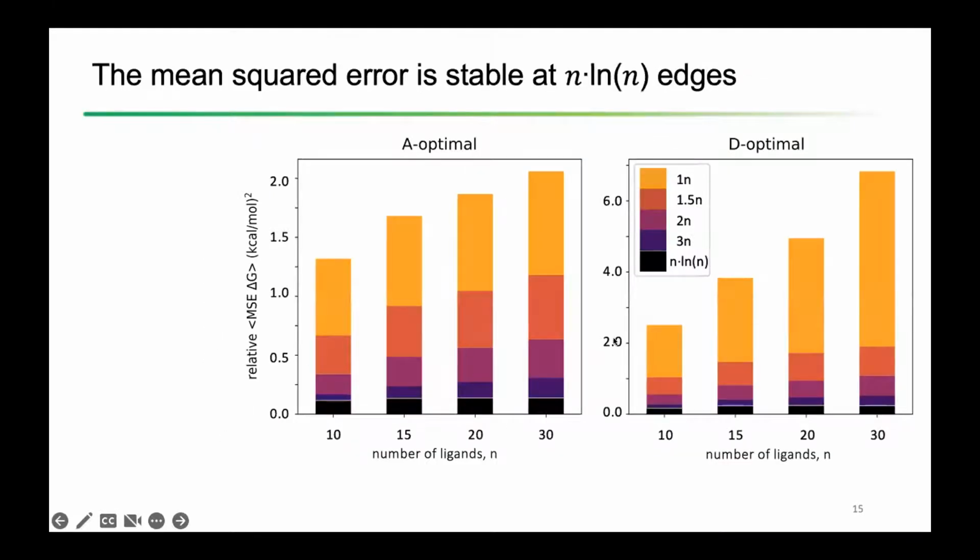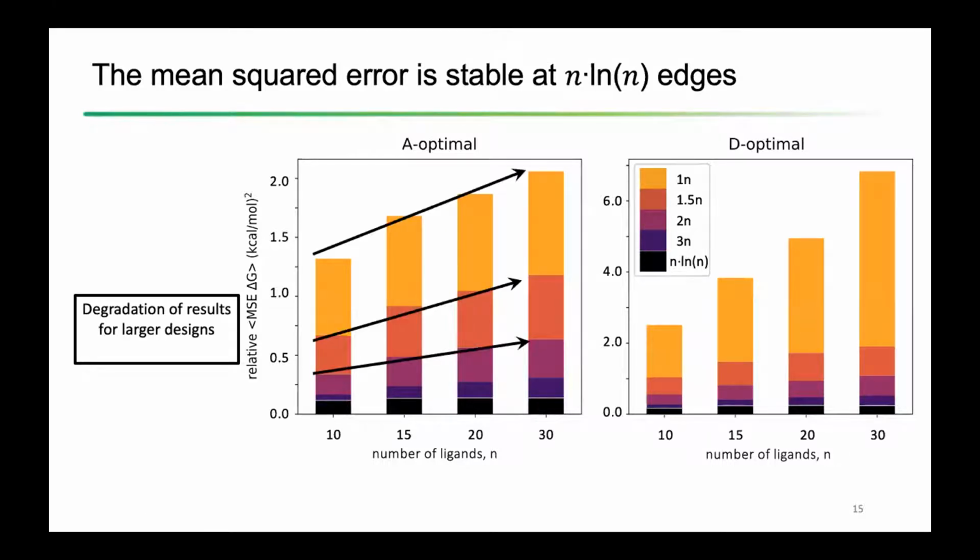This same data can be shown in this format, which is a little bit more digestible. And what you can see is that as designs get larger, if you were to just linearly increase the number of edges you have, you'll have a degradation in your results for large designs.